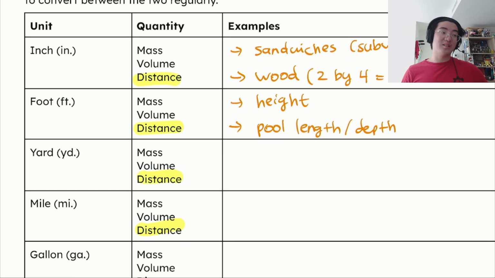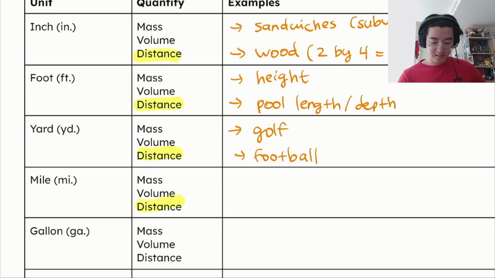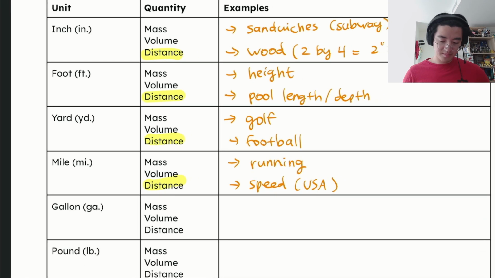Yard is a little bit bigger, useful in sports like golf and football. Next is a mile, useful in running like marathons, and speed in the US. In Canada, we use kilometers per hour, but in the US, it's miles per hour.